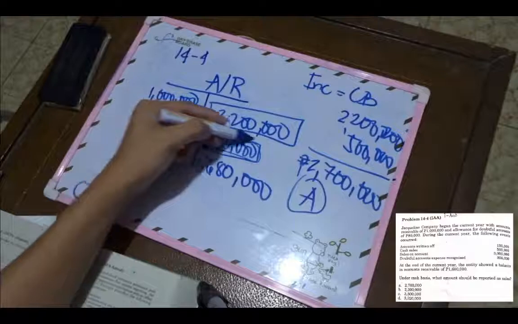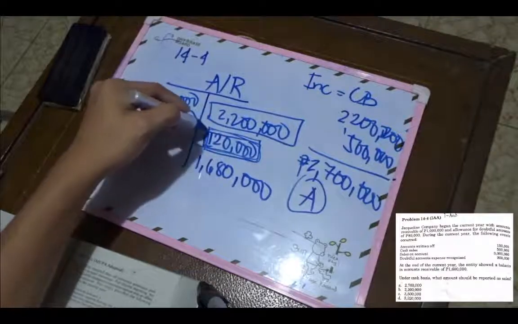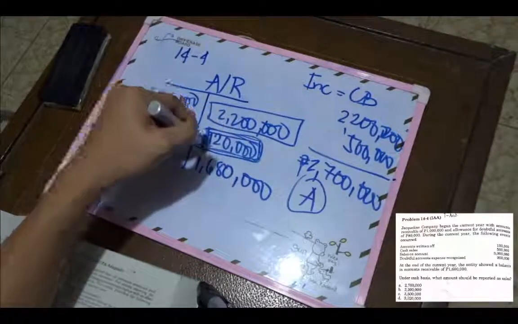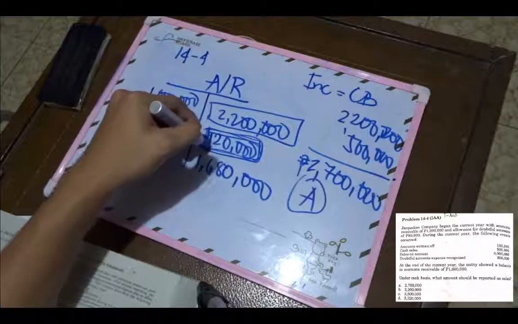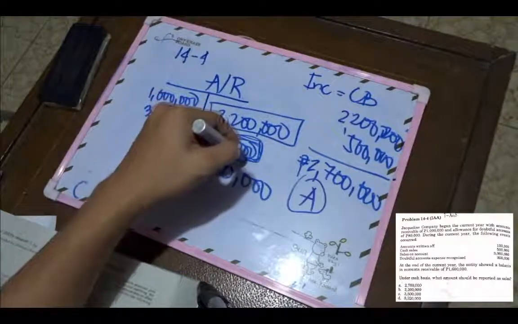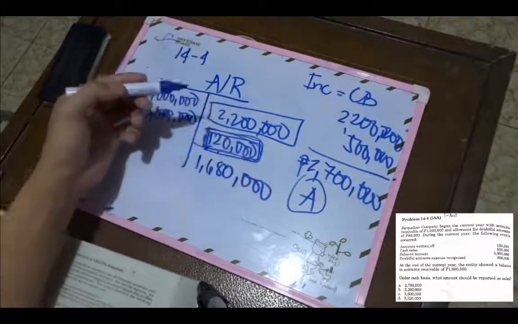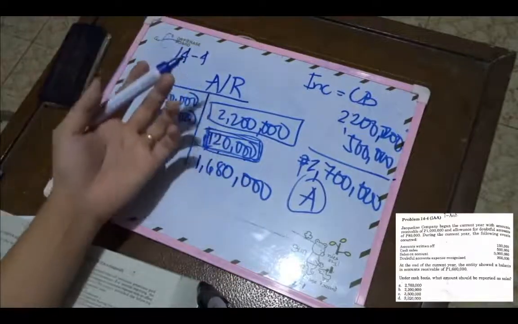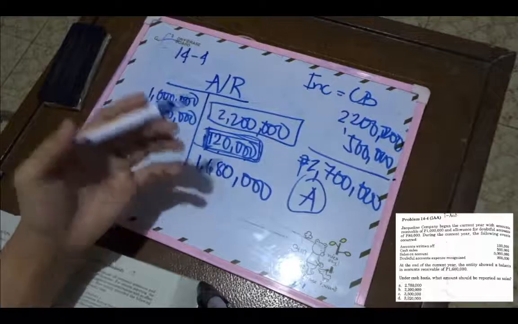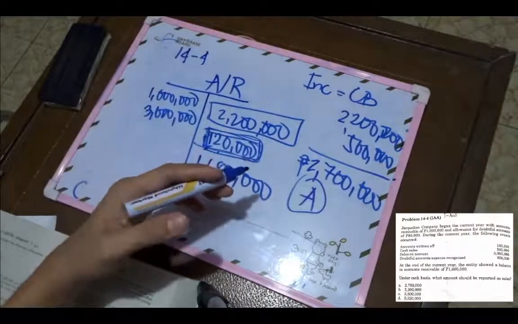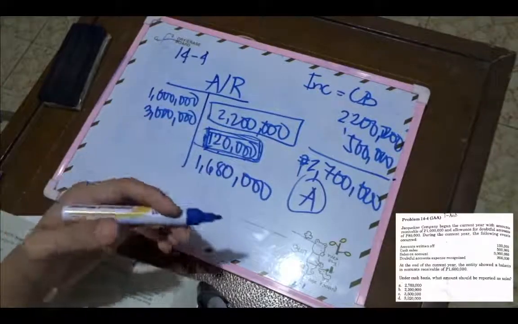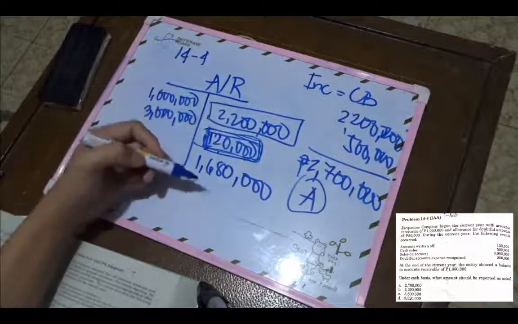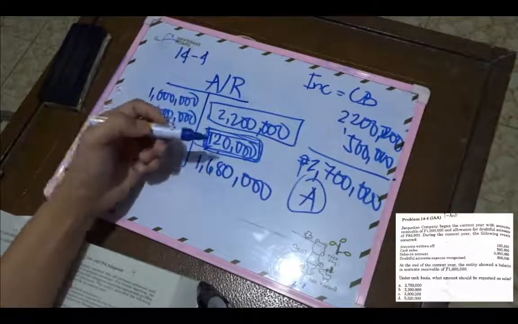However, if this is not given, you will be able to determine this using the T account for ADA, or allowance for doubtful accounts. So you put the beginning and ending balance, you put the recoveries if there is, and doubtful accounts expense for the current year, and you determine the accounts receivable written off.